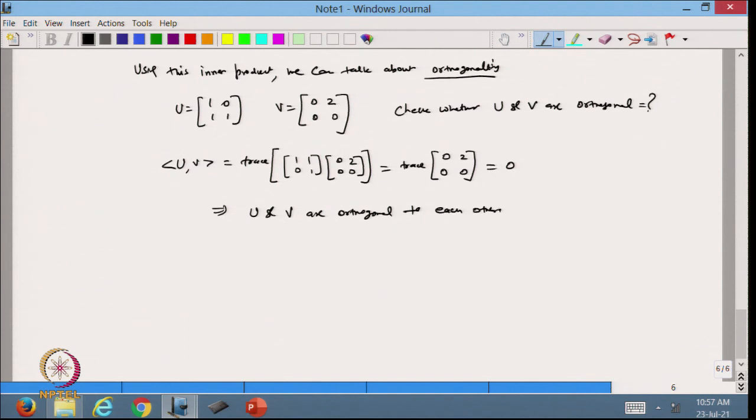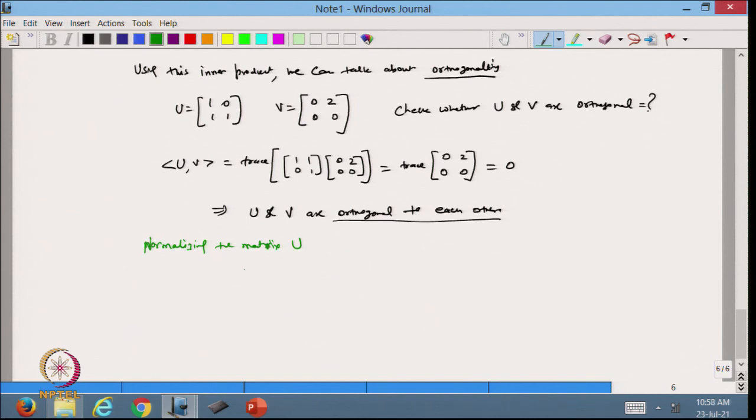Now, these are orthogonal to each other. Suppose I want to normalize this matrix U. How can we do the normalization?